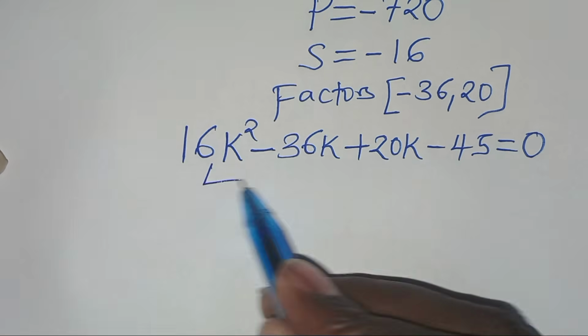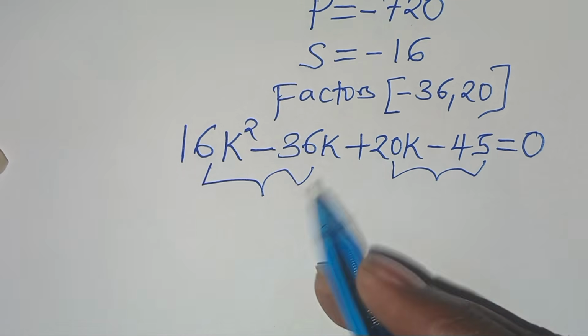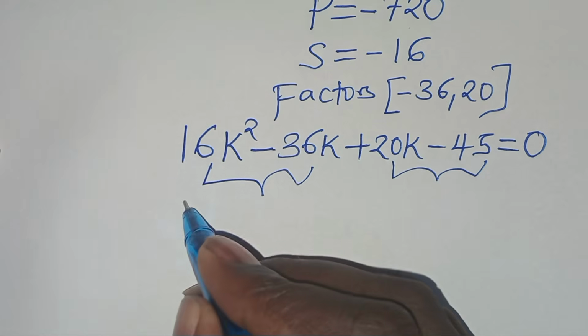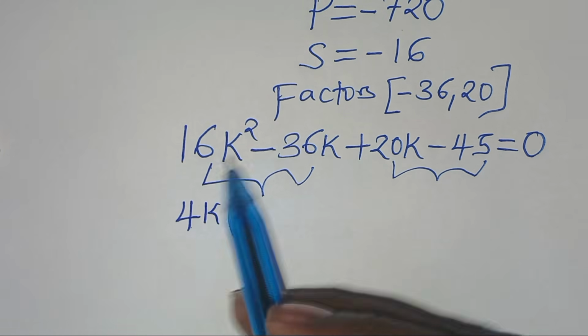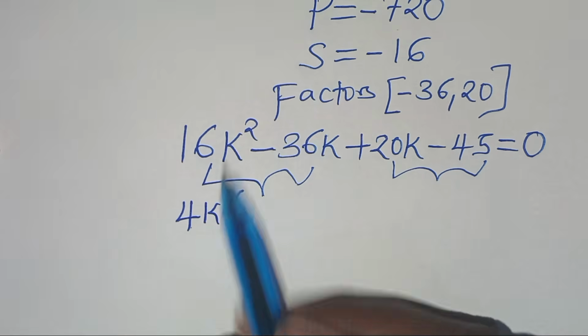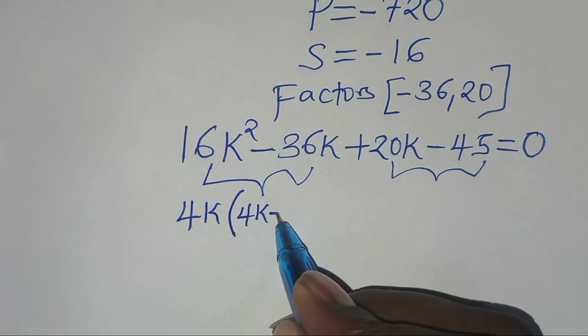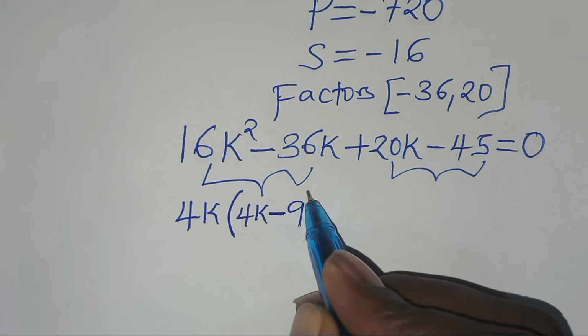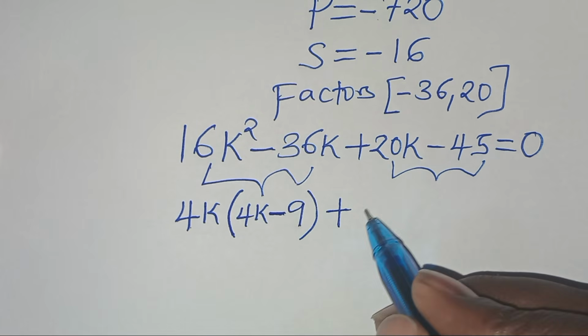Now we have got two parts here. From the first part, we have that 4k is common. So let's factor out 4k. 16k squared divided by 4k is 4k, subtract 9. Then plus, here we have that 5 is common.